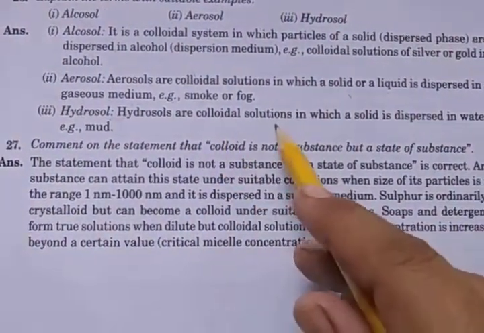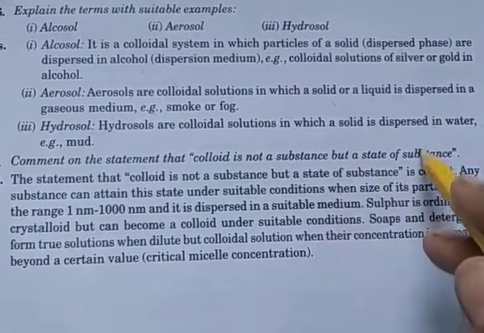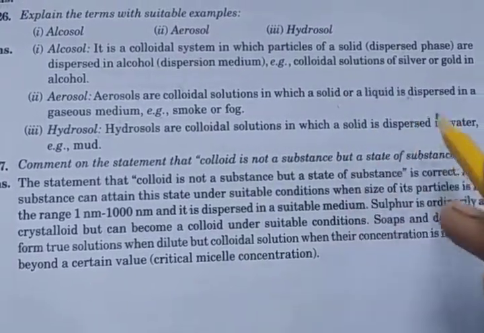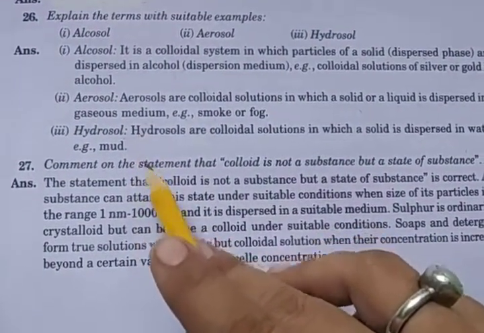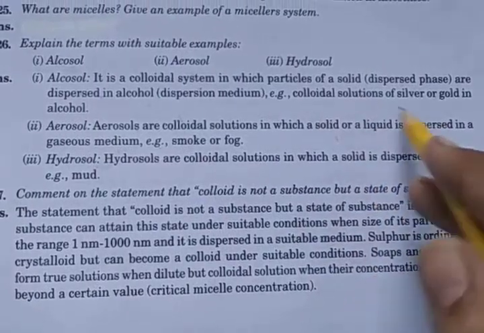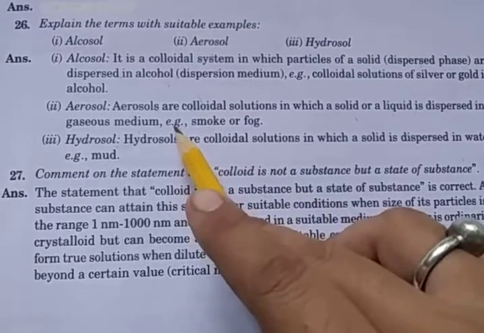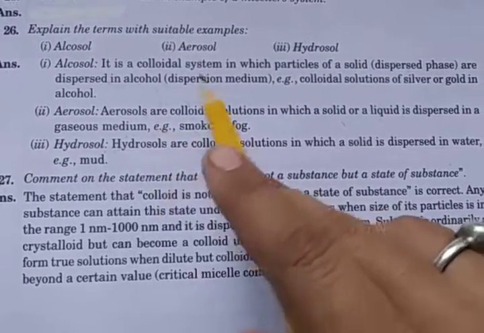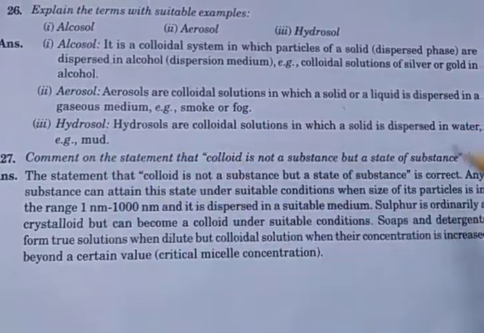Hydrosols are colloidal solutions in which solid is dispersed in water. So solid is the dispersed phase and water is the dispersion medium. Example, mud. So alcosol example is colloidal solution of silver or gold in alcohol, aerosol example is smoke or fog, and then mud is an example of hydrosol.